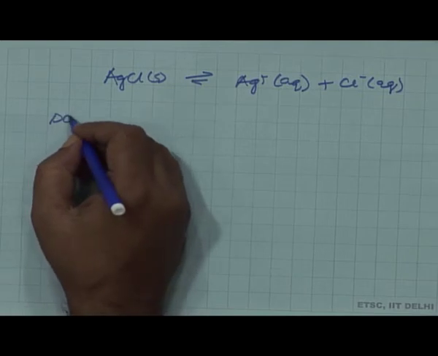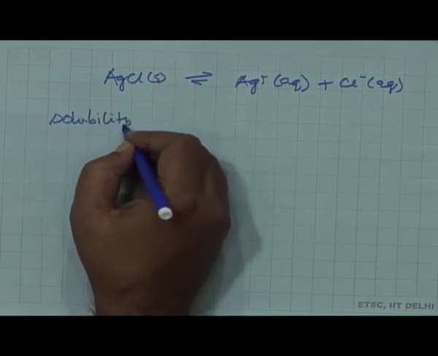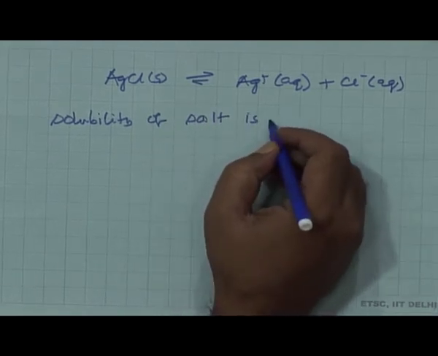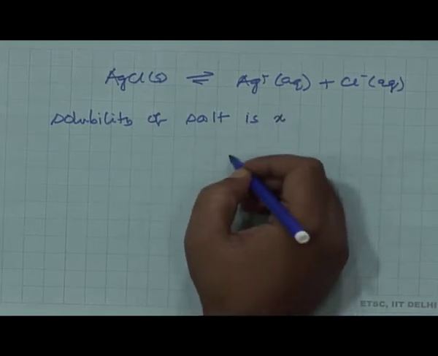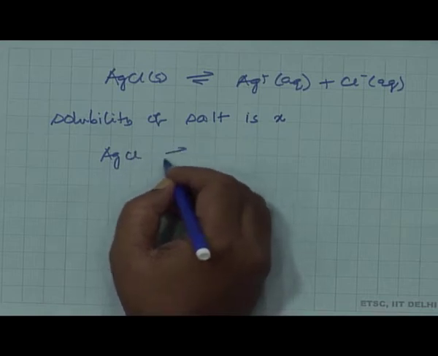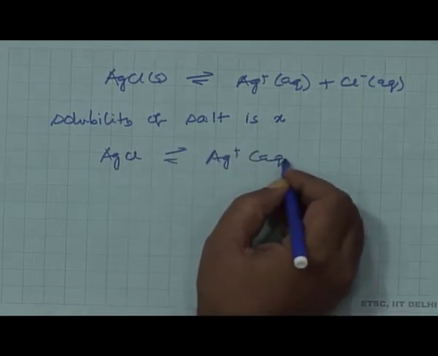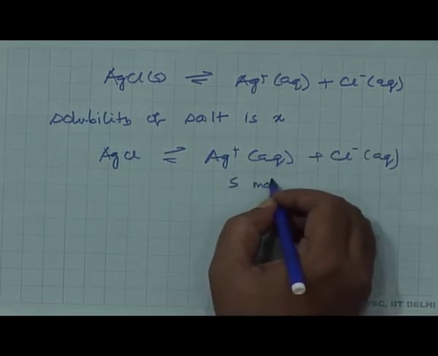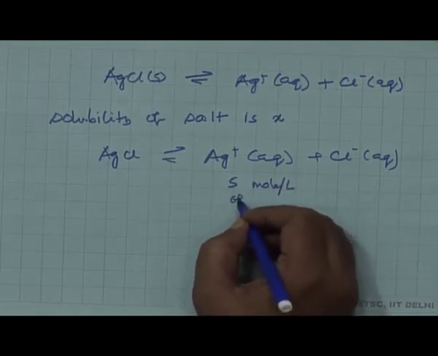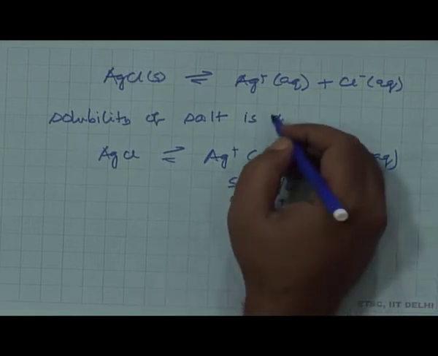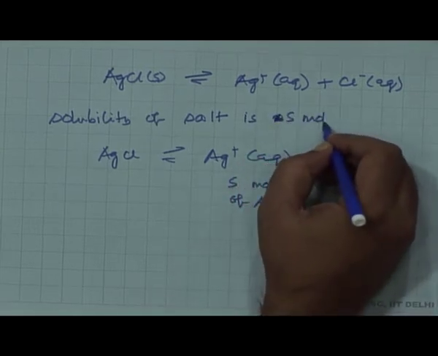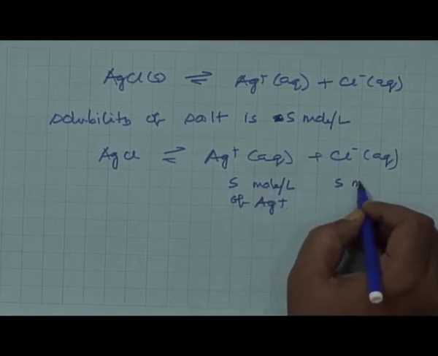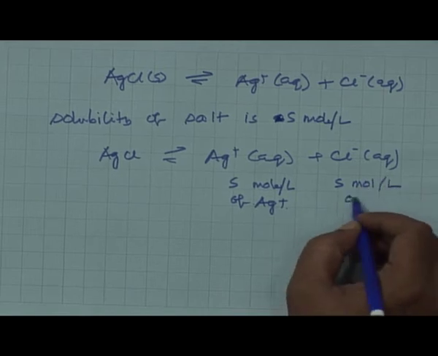Suppose the solubility of the salt is S, then S mole per liter, meaning when it breaks, it will give S mole per liter of Ag plus and S mole per liter of chloride ion.